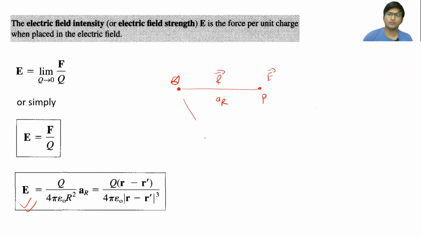Suppose from a reference point, this charge Q was given as R dash, and this point P was given as R, then definitely this R vector will be given as R minus R dash.